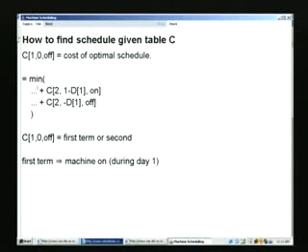If this term is equal to the second term over here, then the machine should be off on that first day. So in this way, by knowing the optimal cost and knowing the table, we were able to figure out whether the machine should be on or off on the first day.